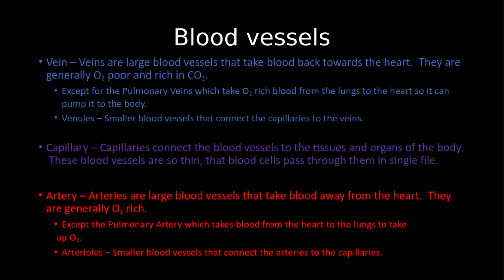Now, they connect to these organs and tissue systems through smaller blood vessels, the venules, and even further via the capillaries. So the capillaries are the thin blood vessels that are so thin that the blood cells only pass in single file through them, and they're the ones that are in direct contact with all the tissues.